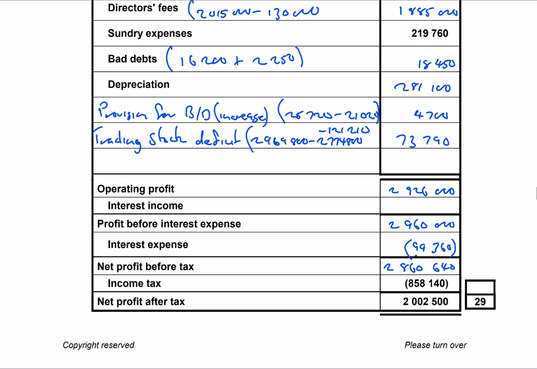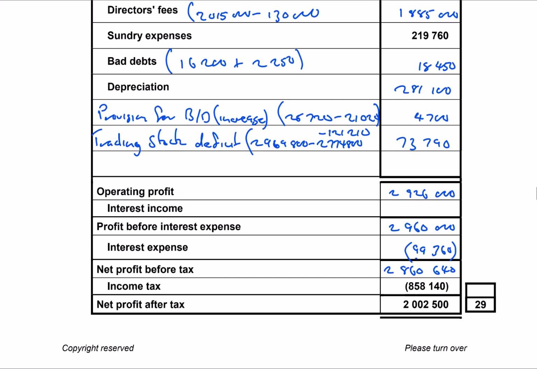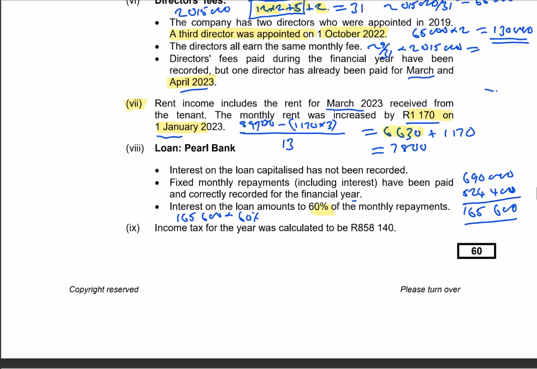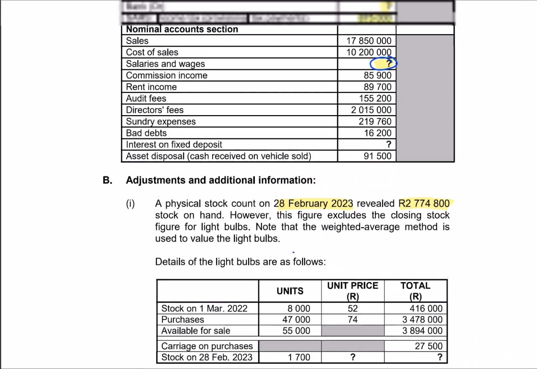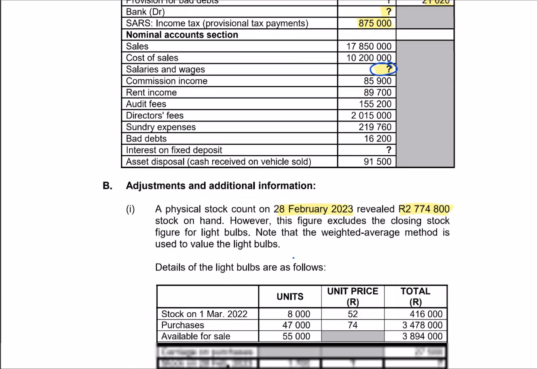Then your interest income will be profit before interest expense minus operating profit. So that will be minus 2,926,000. That's 34,000. Right. So that will be your answer. Let me just double check on the last calculation, if my figures are correct, 690,000 minus 524,400. Yeah.